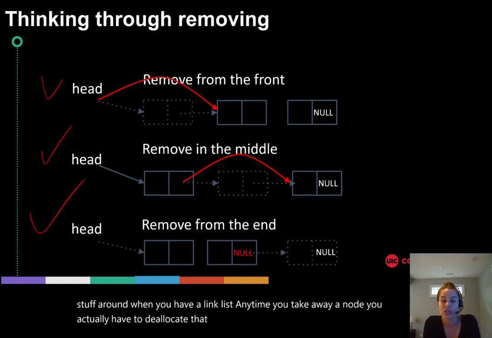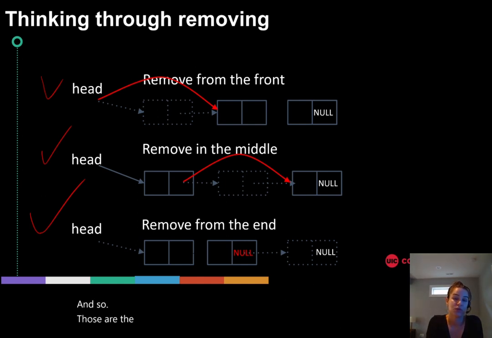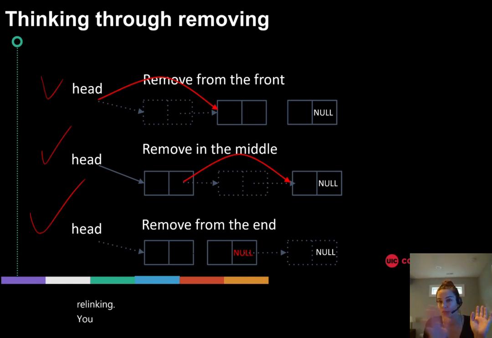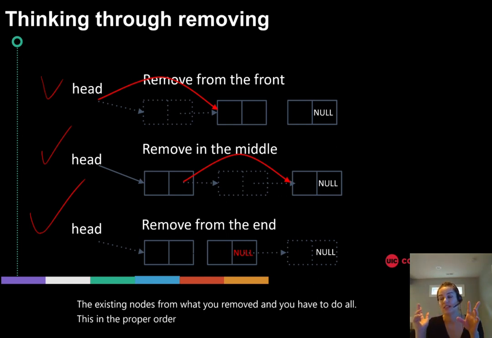You don't reuse it. Those are the 3 cases with remove, and they're basically the same considerations as insert, except instead of relinking to a new node, you're relinking the existing nodes from what you removed. And you have to do all of this in the proper order because you can't delete something before you get what you need from it, right?